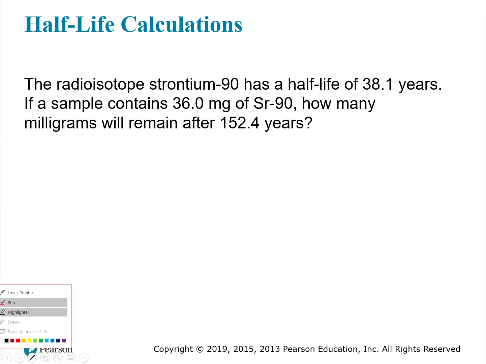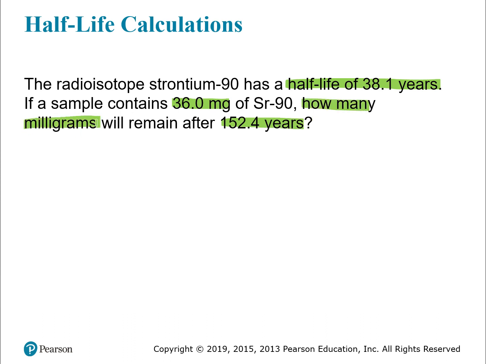Let's highlight the information that is relevant. We've got a half-life of 38.1 years. We know that we're starting with 36.0 milligrams of our sample. And we need to know how many milligrams after 152.4 years have passed.